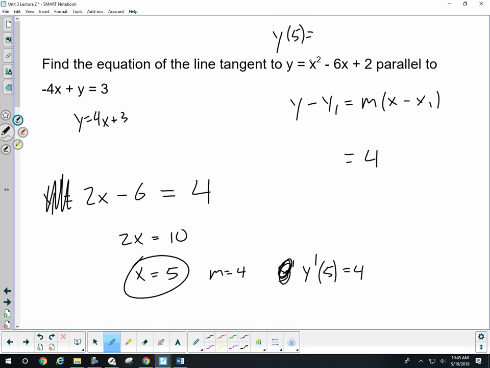So that just means plug in 5 into my original function. To find the point, I got 25 minus 30, negative 5, plus 2 is negative 3. So I have the point on the function (5, negative 3). The slope of the tangent at (5, negative 3) is 4. Here's my equation of my line.